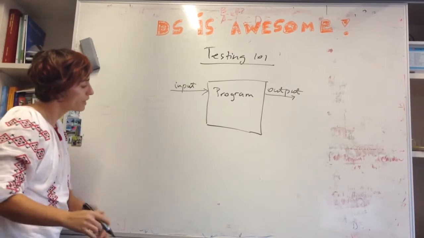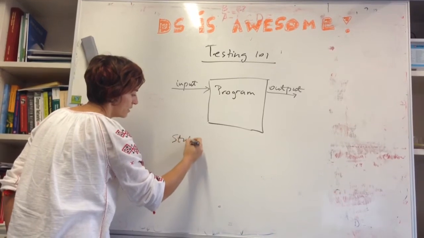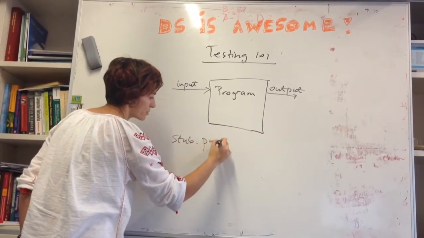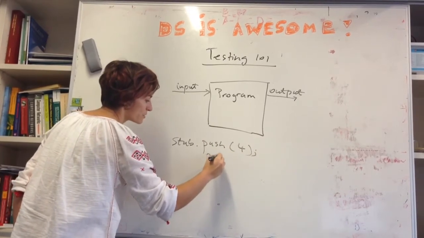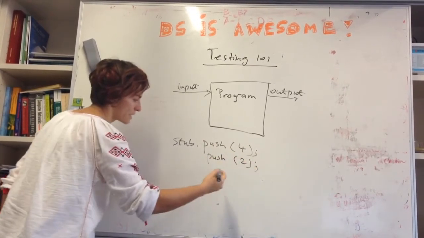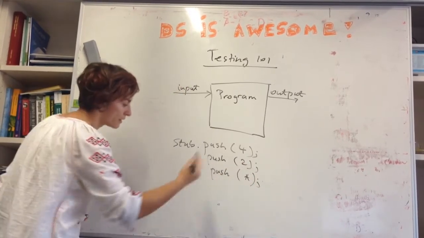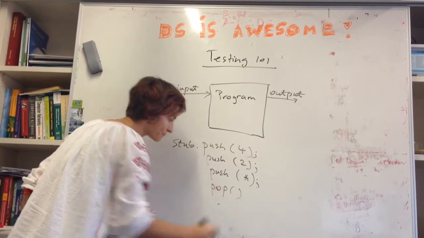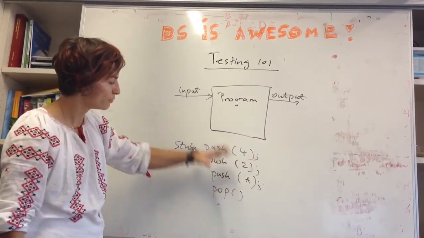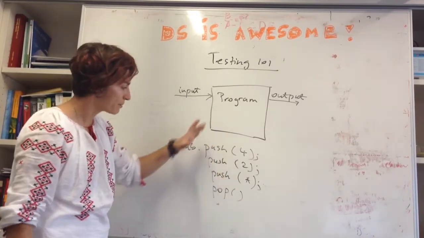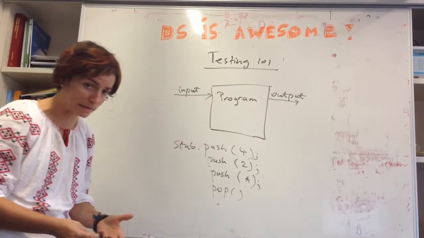Now what most of you have been doing so far is, in this program you've written, let's say, stub.push, you've pushed maybe a value 4 on the stack, you've pushed another value 2, you probably pushed an operator, let's say multiplication, and then you printed out the result, pop. And you've looked at the result with your eyes and using only the power of your brain said, oh okay, well, if I pushed 4, 2 and multiply on the stack, then the result should have been 8.